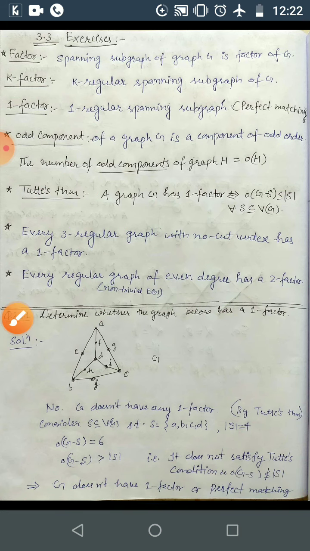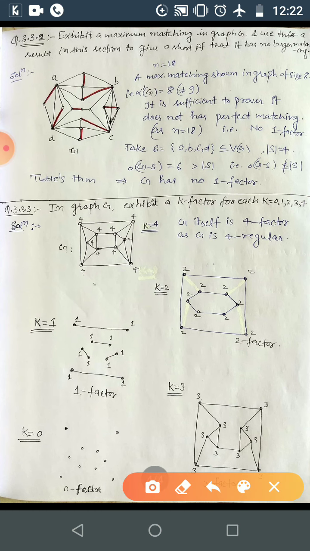Okay. Now you can come back to question 3.3.2. Exhibit a maximum matching in the following graph. Here you need to find a maximum matching and give a short proof why it has no larger matching. So whatever matching you find, why does there not exist any other matching larger than this one? Okay.